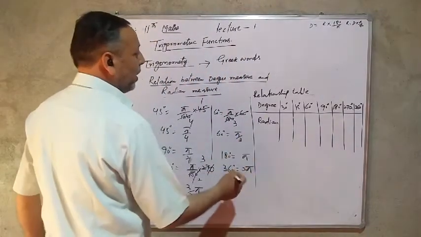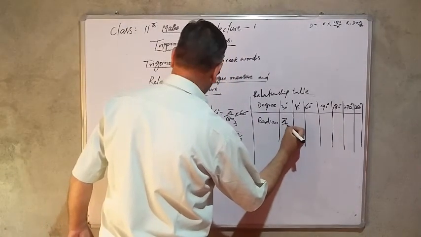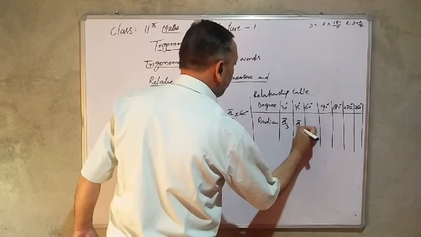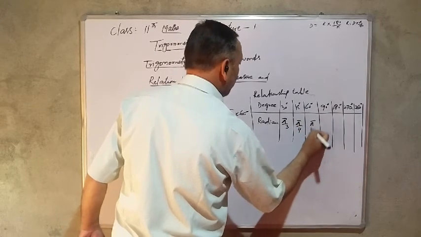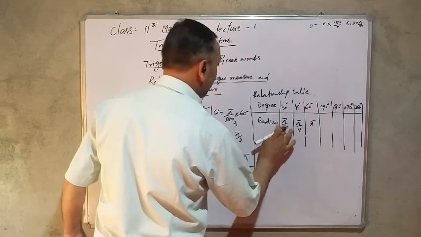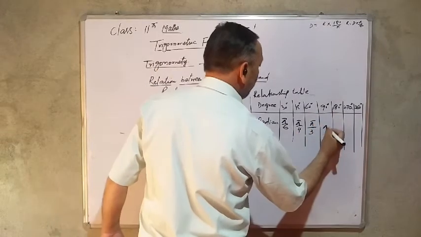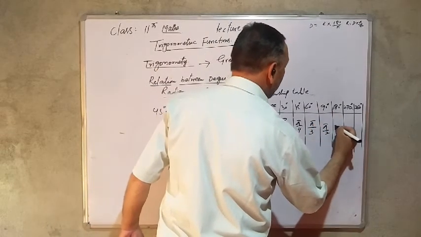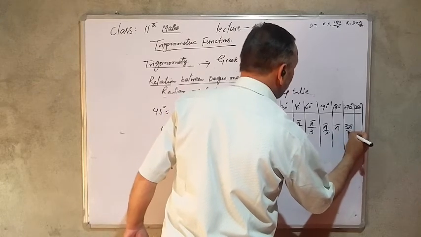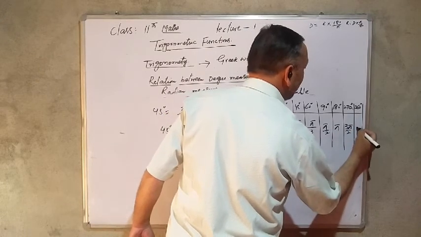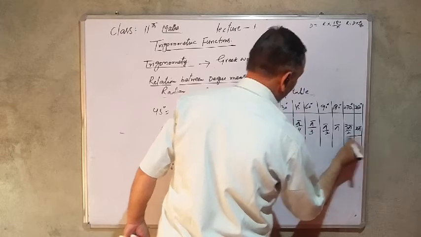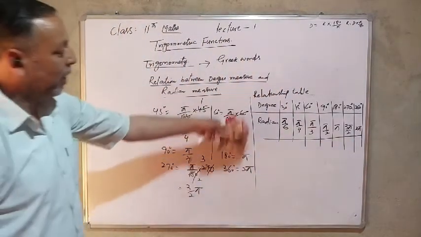You have seen 30° is pi by 6, 45 is pi by 4, 60 is pi by 3, 90 is pi by 2, 180 is pi, 270 is 3 pi by 2, and 360 is 2 pi. The relationship table between degree and radian.